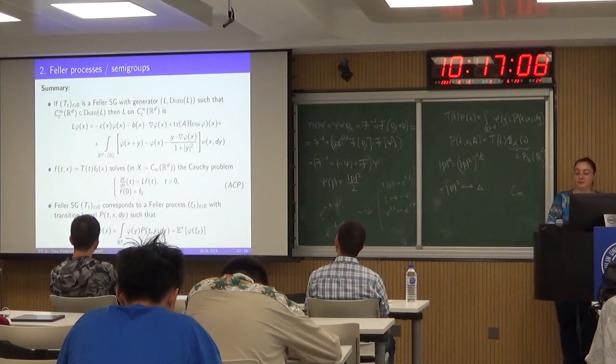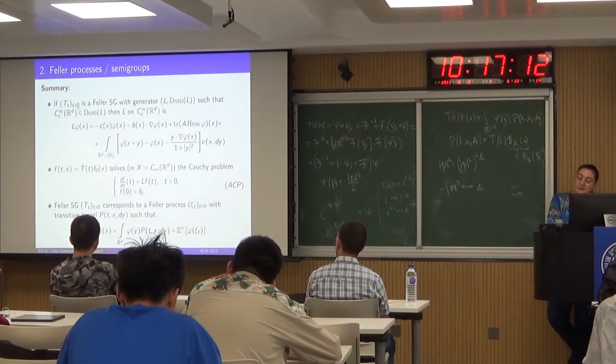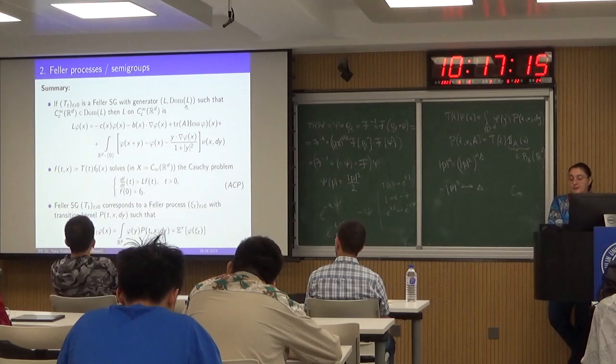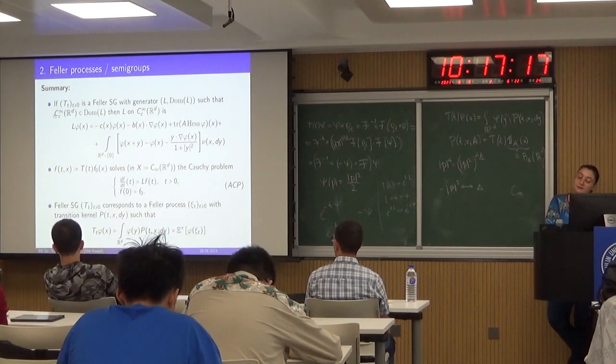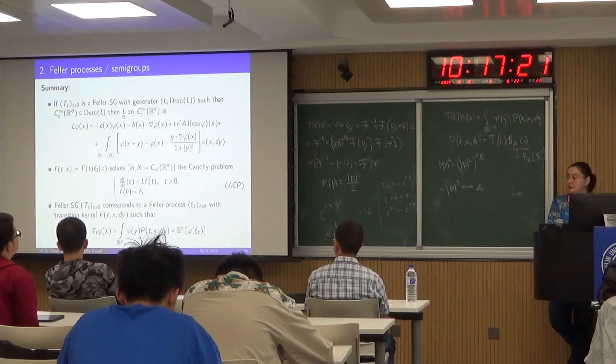Summary. So what do we have up to now? If we have a Feller semigroup with a generator such that its domain is rich enough, then we know how the generator looks.